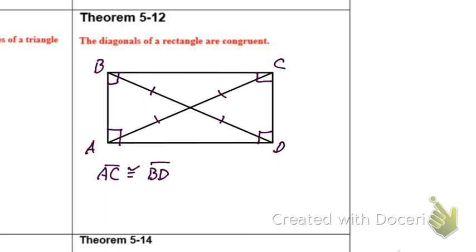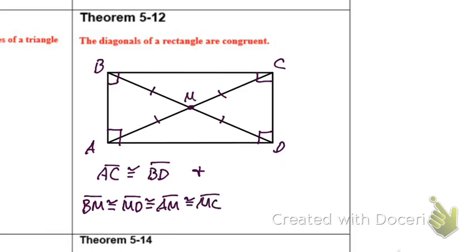So AC would be congruent to BD, and all of these segments will also be congruent. So maybe I'll put a little M in there and say something like, I'll write down below, BM is congruent to MD, is congruent to AM, is congruent to MC.